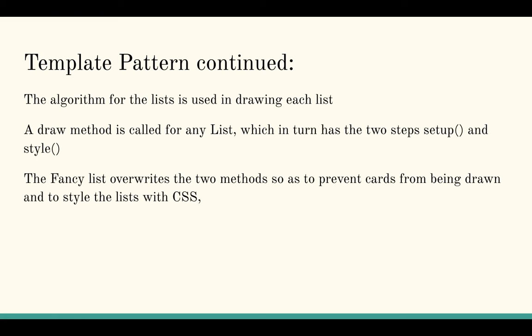The normal list is going to be drawn with the cards shown, and it's not going to have as complicated of a styling with CSS, and so that is what we're overriding here and improving upon to draw these two lists differently when you're looking at your board view and you want to see all these lists.